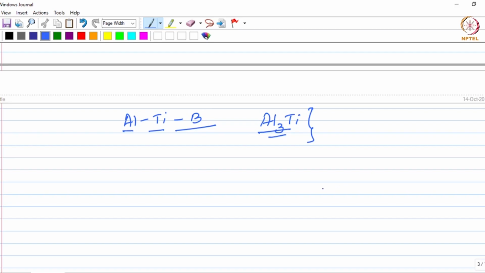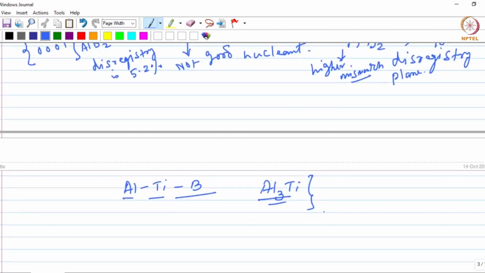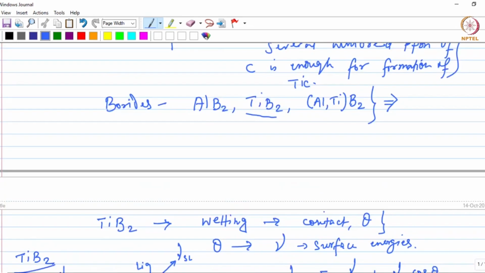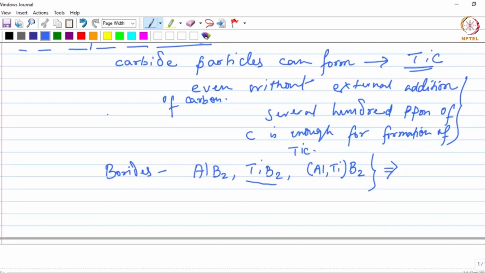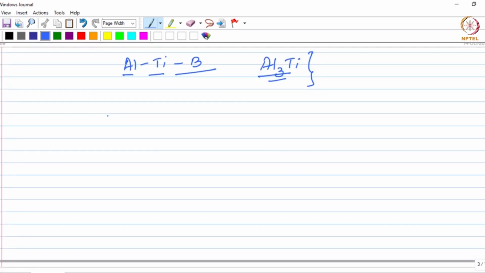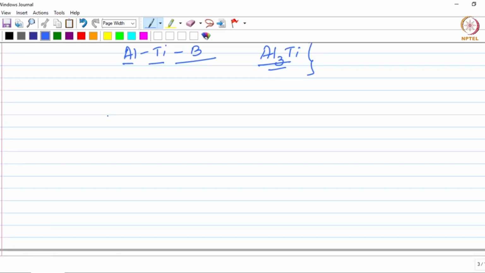So now coming back to these mechanisms, the first one we have seen, that is the carbide-boride theory, which says that carbide or boride particles are present depending on whether you have carbon or boron coming in contact with the titanium, and these particles will act as the heterogeneous surface. The next theory with regard to this grain refinement by melt inoculant is the peritectic theory.